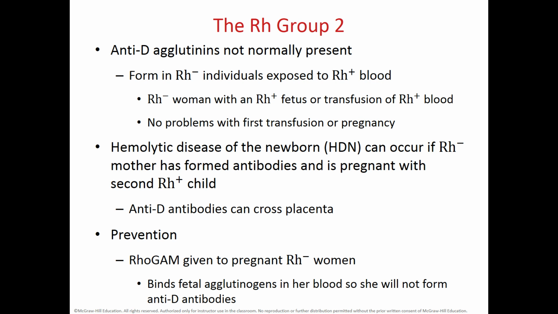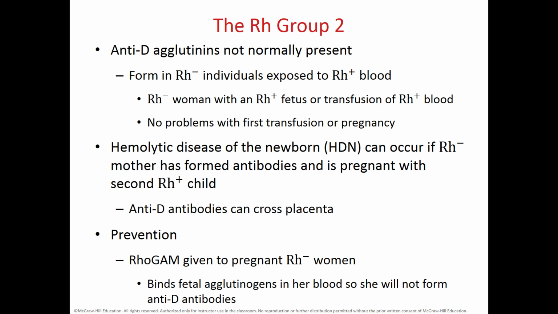So she will have preformed antibodies that are going to go through the placenta and are going to destroy the red blood cells of the subsequent Rh positive fetus.